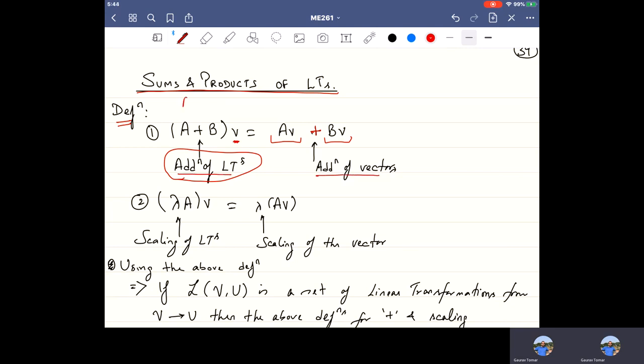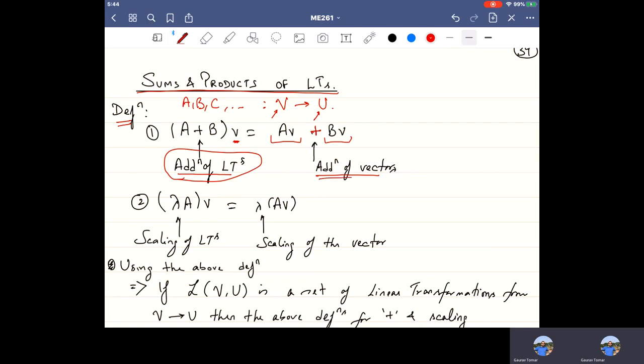And if you're talking about these A, B, and so on, as you will see, they are mapping the vector space V to the vector space U. Okay, so they are all the same kind of mappings. They're all linear transformations mapping a vector V to a vector U. Of course, these mappings could be different, and therefore we denote them by different symbols.